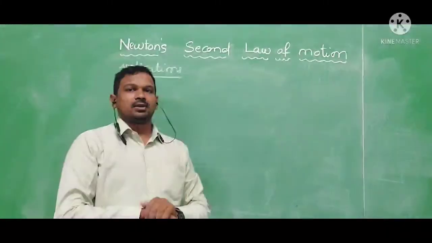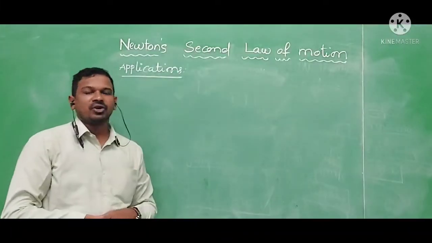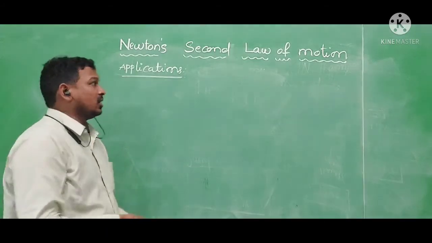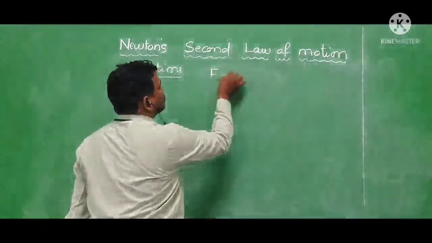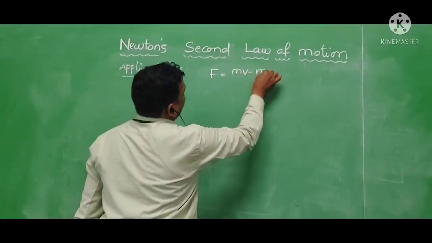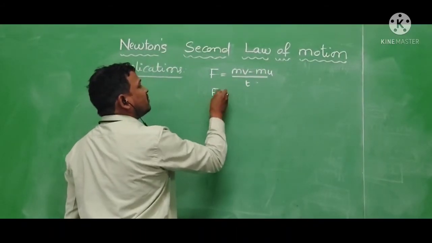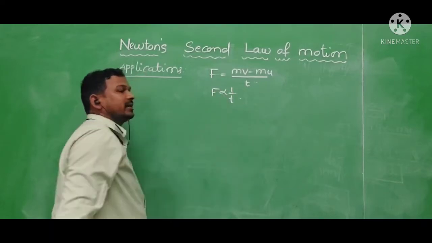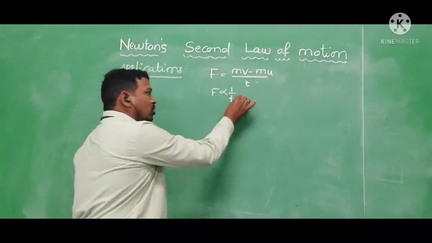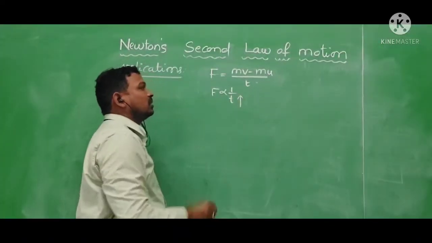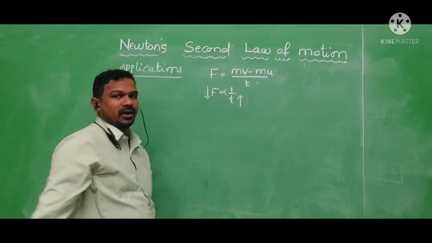Reverse of this. Applications of Newton's second law of motion. We know the formula F is equal to change in momentum by time taken. Means F is inversely proportional to the time. If more time is there, then less force will be applied.